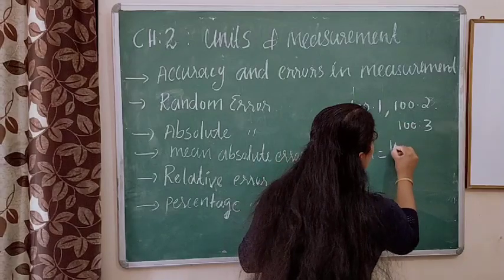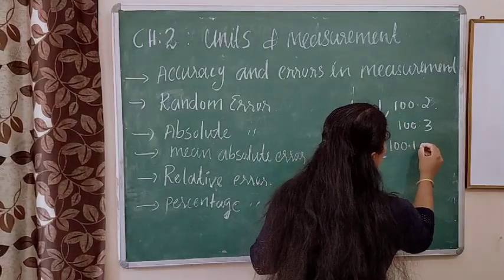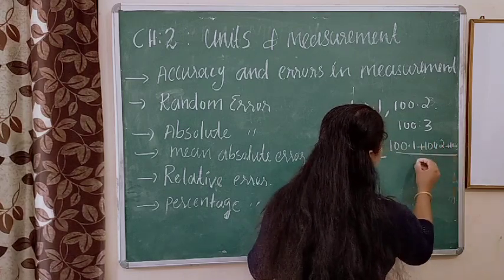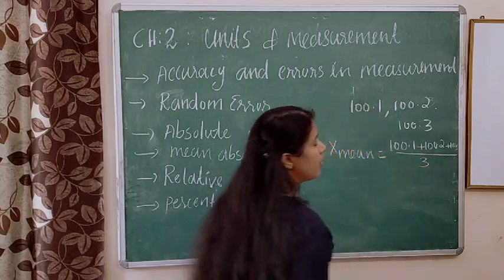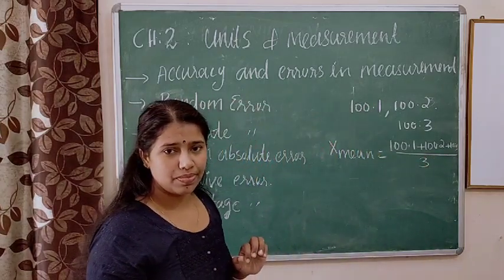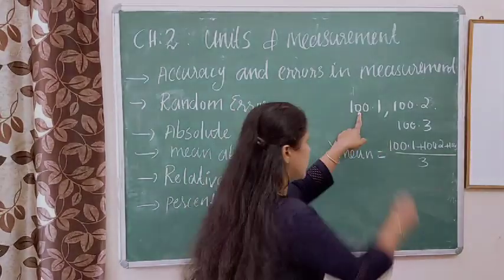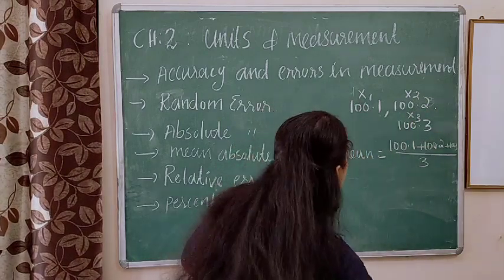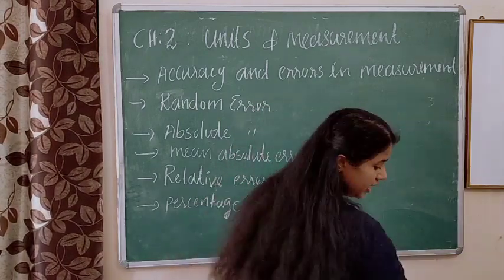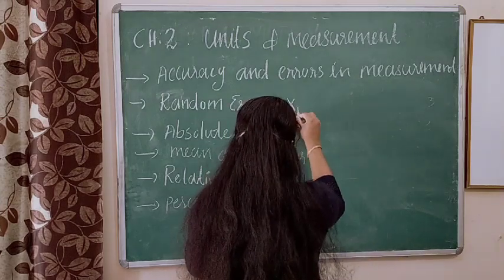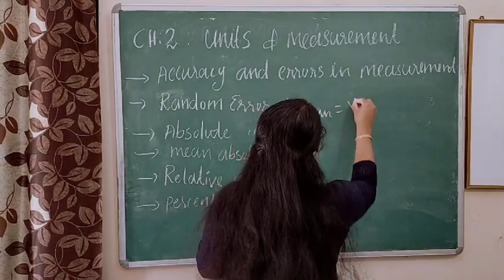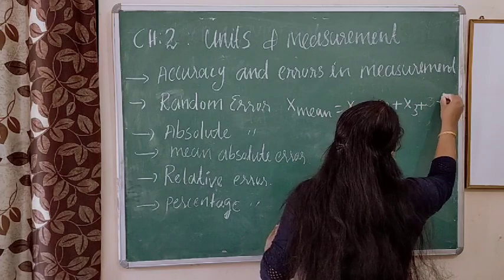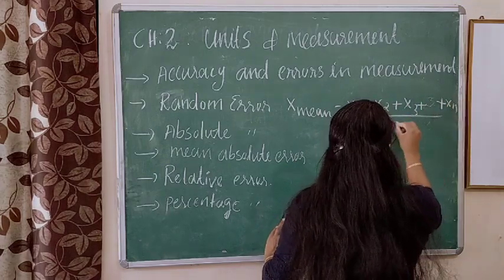The three values those who measured: individual measured values 100.1 plus 100.2 plus 100.3 divided by 3 values, divided by 3. The first case is x1, second x2, third x3. So x mean is equal to x1 plus x2 plus x3 plus etcetera plus xn divided by n.